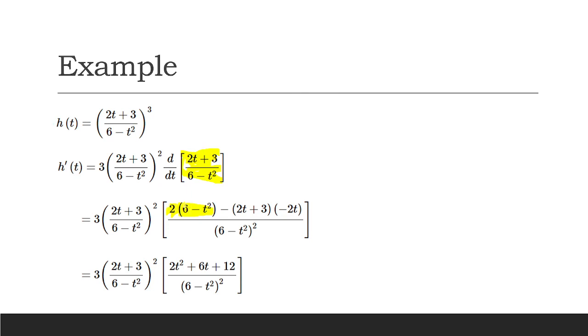So that's 2 times 6, that's 12. Then negative 2t squared. And then we have negative 2t here. Multiply pa natin sa negative 2t dito. That's 4t squared. And 4t squared minus 2t squared, that's 2t squared. Plus 6t. That's negative 2t plus 3t. And naka-negative pa dito, so that's plus 6t. Plus yung 12 natin na 2 times 6 na nakuha kanina. Over 6 minus t squared raised to 2.